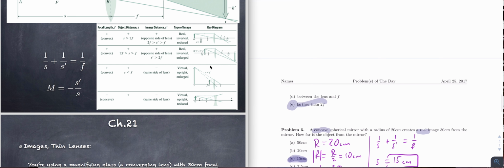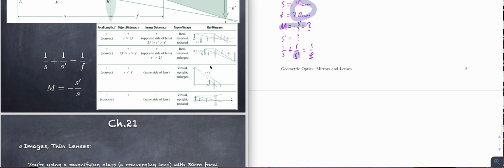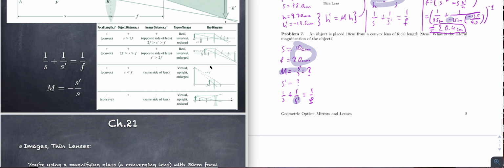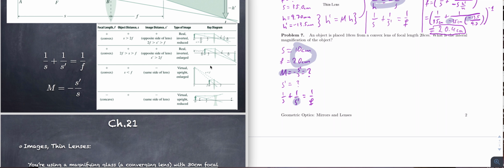So S prime should be negative here. S prime we don't know, and we know it should be negative. So that's our only concern. What is the lateral magnification of the object? That was the question. So the first thing we have to do is find S prime.